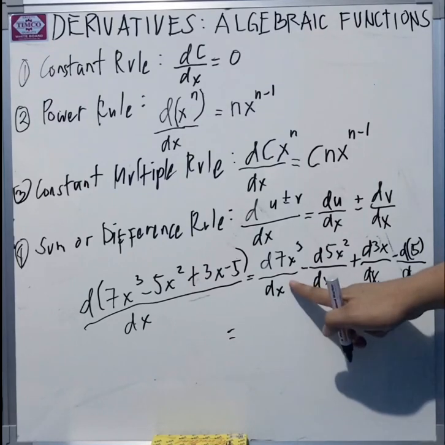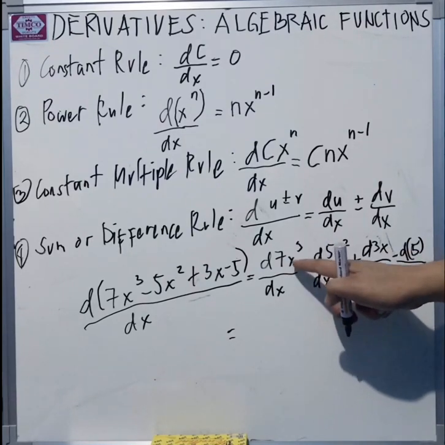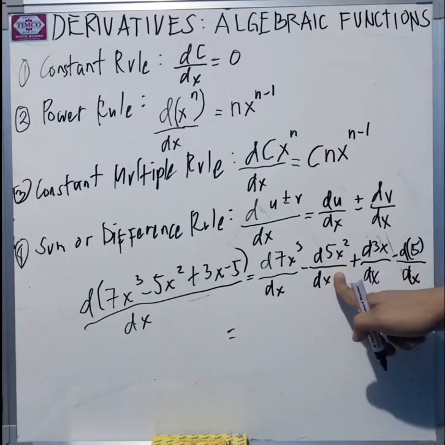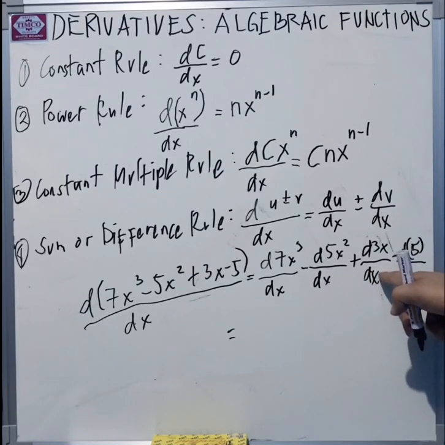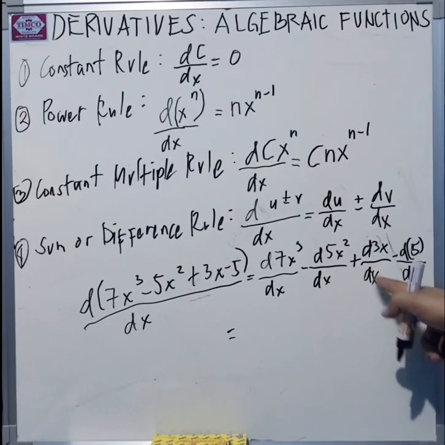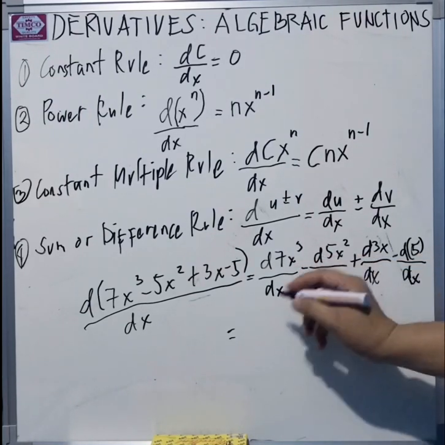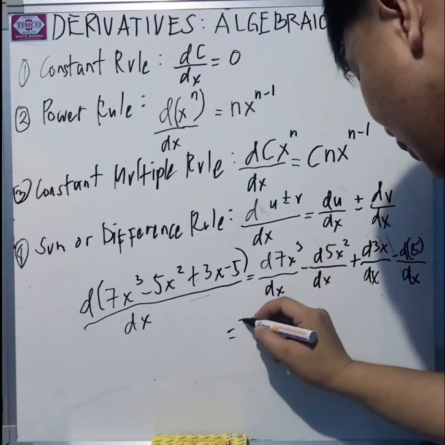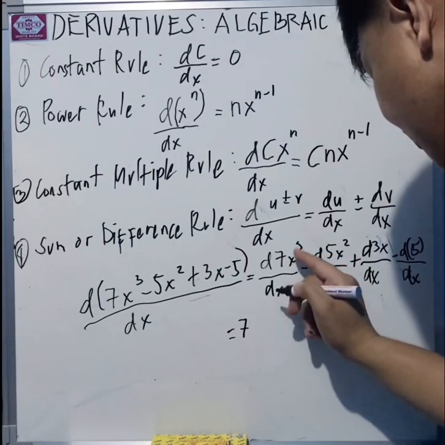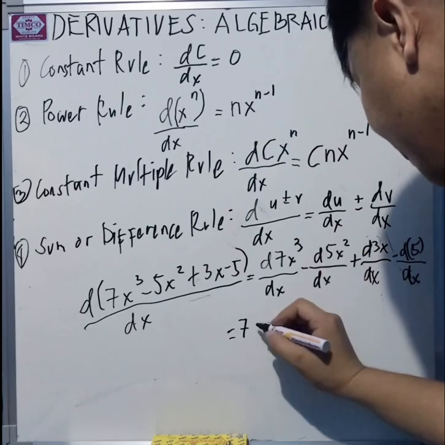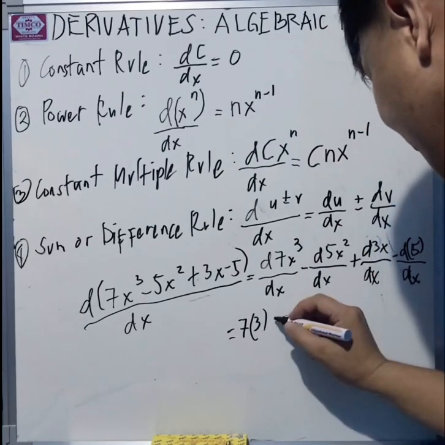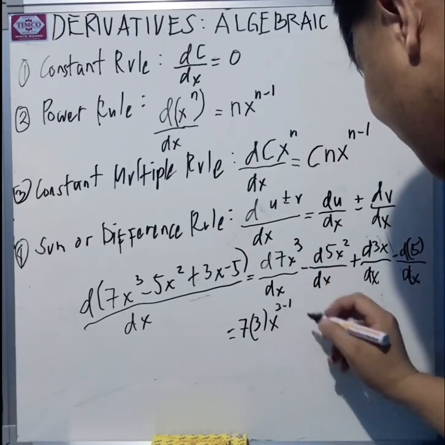First we have the constant multiple rule, used several times, in combination with the power rule and the constant rule. For this one, with the constant multiple rule, we take the constant times the power, which is 3, multiplied by the variable raised to 3 minus 1.